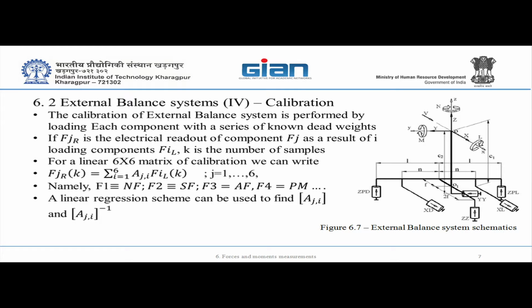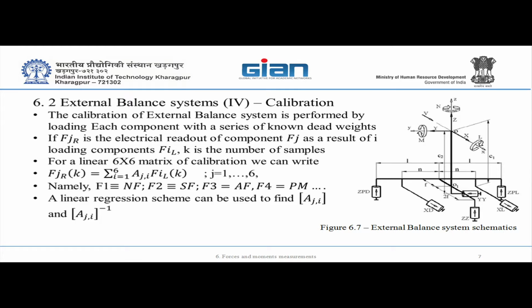And then you exert forces on all the components. I call it F_I load. On every component I have a load. So I have 6 components that I'm loading, and I read 6 component readouts. So we have 6 by 6 components.